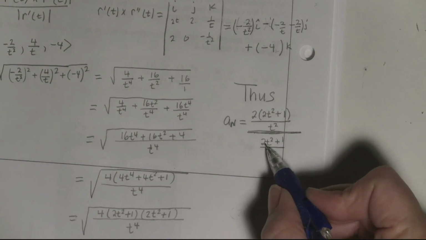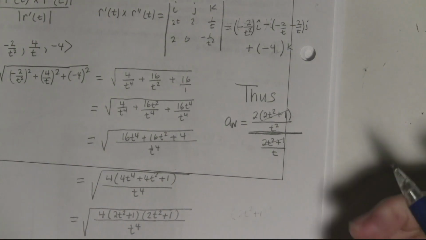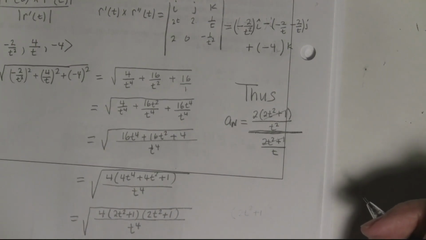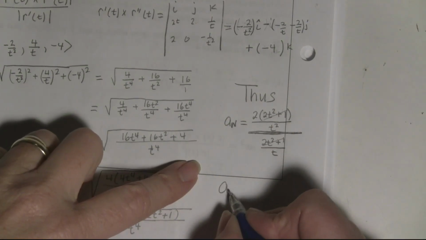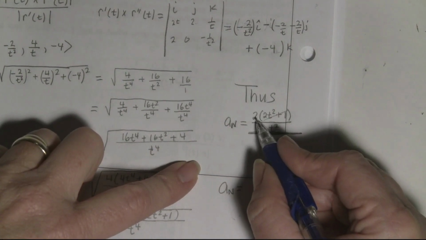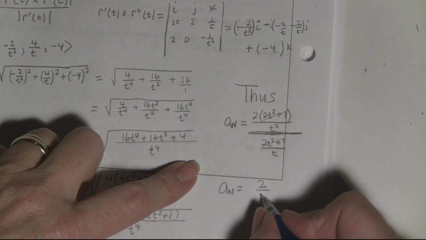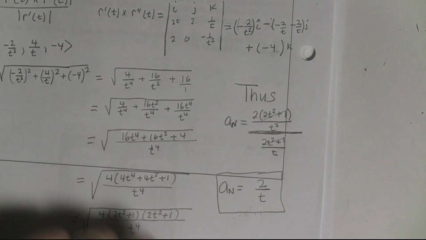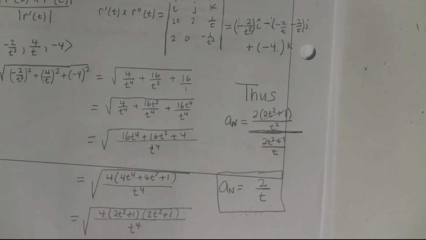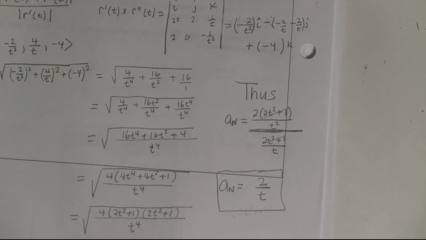I'm saying they're both in the numerator, so they cancel with one another, and these are both in the denominator, so they cancel. They leave just t down in the denominator, and the 2 in the numerator. So this cancels down to 2 over t, as nasty as it was. And so that's why you want to simplify. You don't want to give someone some nasty formula when it simplifies down to be so nice.